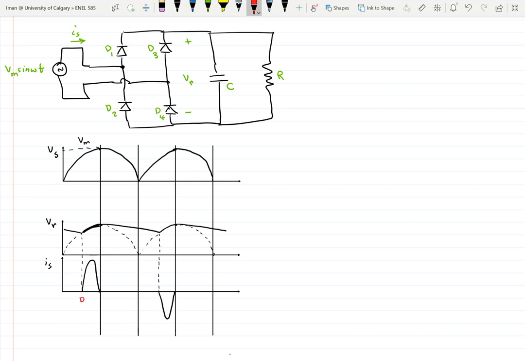So in here, D1 and D4 are conducting, and in here D2 and D3 are conducting. Pi over 2, pi, 3 pi over 2, 2 pi, omega t.